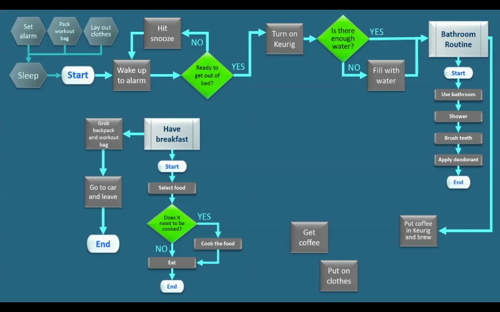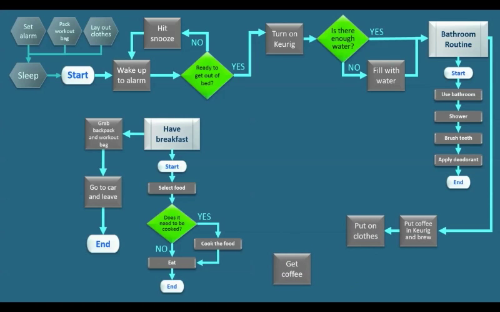But brewing this coffee is another step that also takes time that we would have to wait for it to complete. So while this is completing, we can put on our clothes. After the clothes are put on, we know that it's done brewing, and then we can go get the coffee. And then from there, we continue on with the rest of the routine.